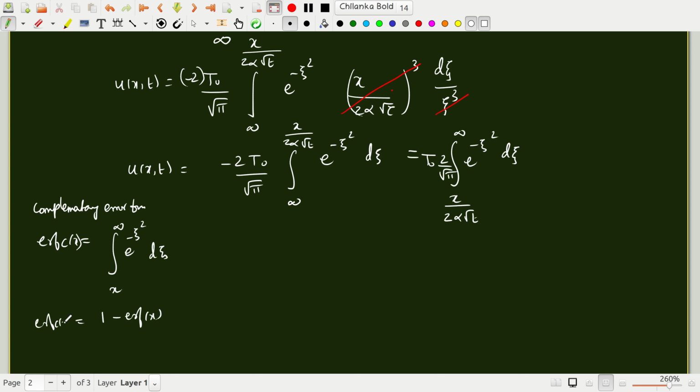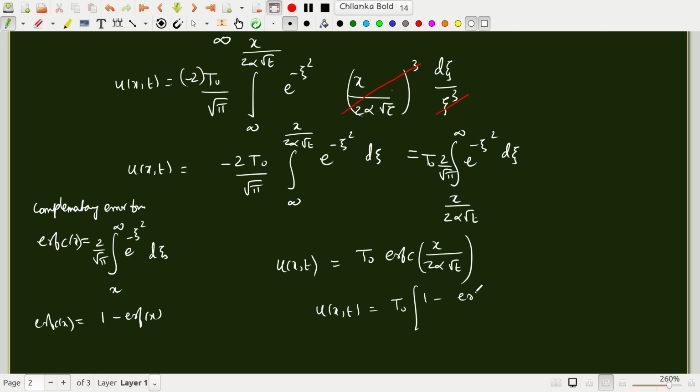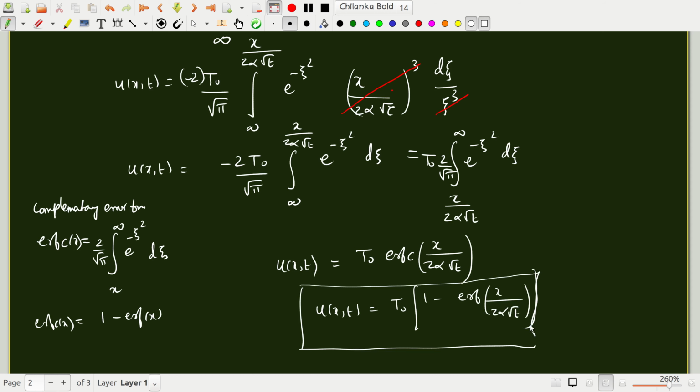If you look at this, this is identically u of x,t is T naught times the complementary error function of x by 2 alpha root t, which is T naught times 1 minus error function of x by 2 alpha root t. This is the solution to the problem for the special case when g of t is just T naught. Otherwise you have to use the general integral expression.